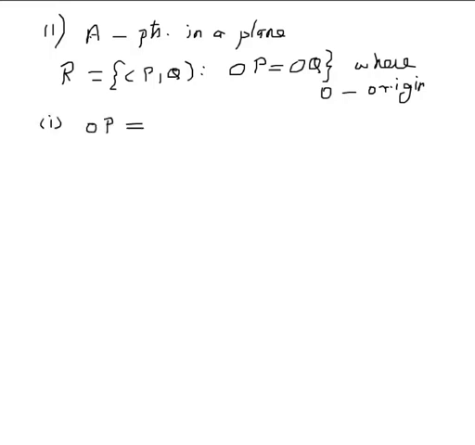So I can say that OP equals OP for any point P. So I can say that (P, P) belongs to R for any point P taken from the set A. We denote the points by capital letters. That's why they have written the capital letters. Therefore, R is reflexive.